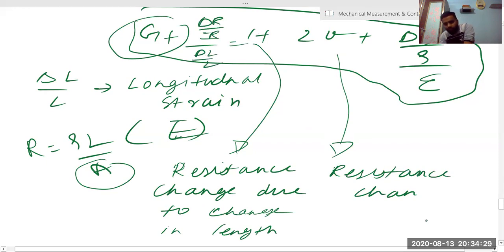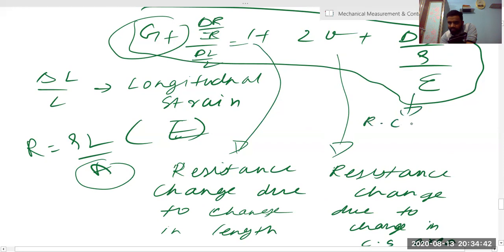The second term will be resistance change due to change in cross sectional area, right? And the third term is resistance change due to change in resistivity.